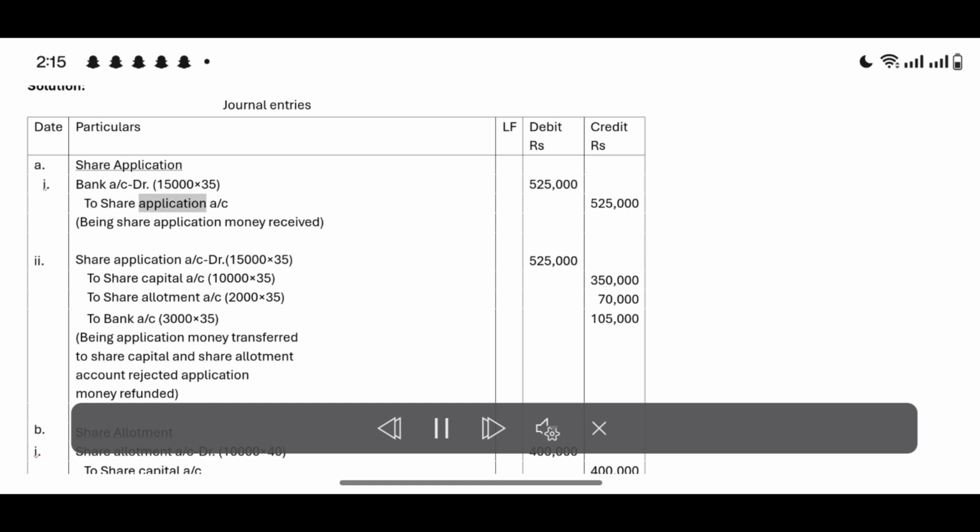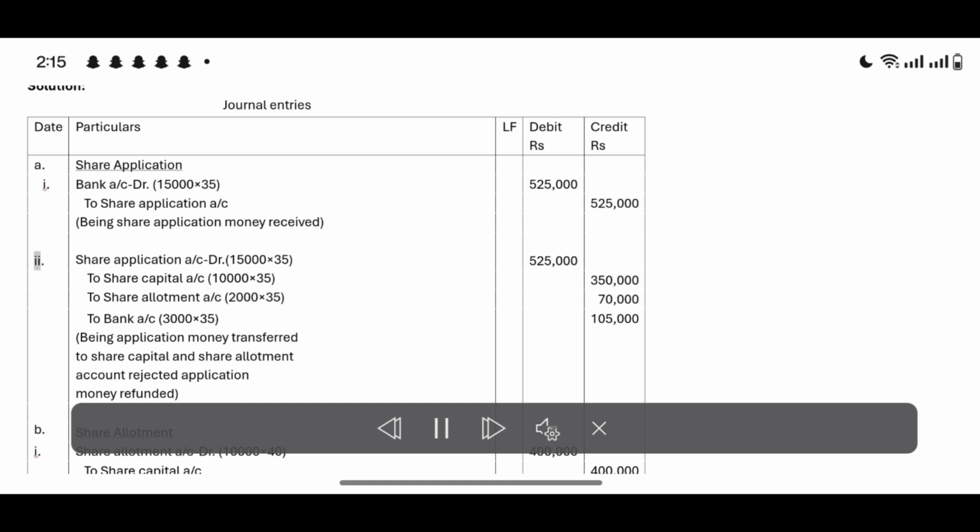To share application A/C. Being share application money received. Share application A/C Dr. 15,000 times 35. To share capital A/C, 10,000 times 35. To share allotment A/C, 2,000 times 35.